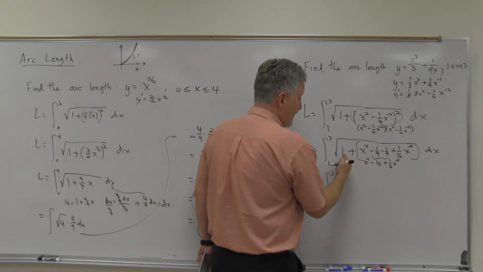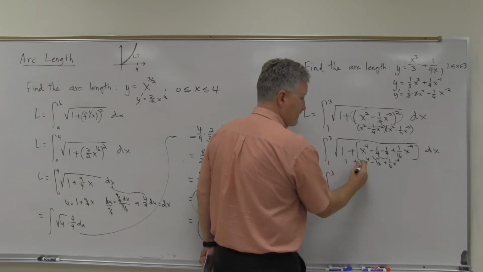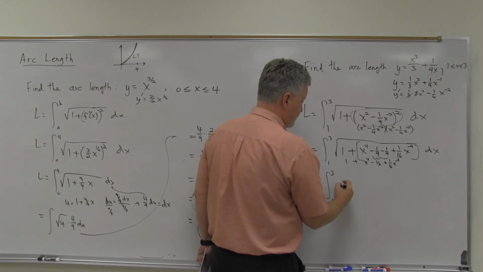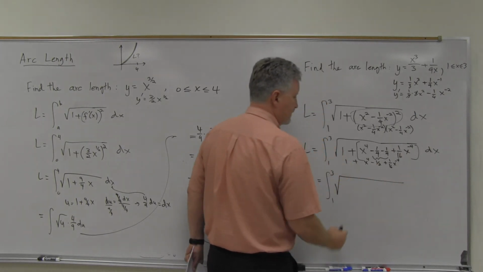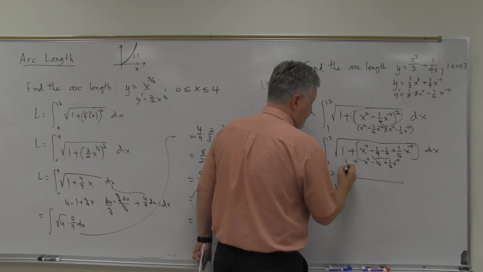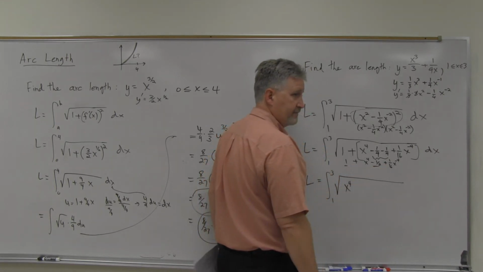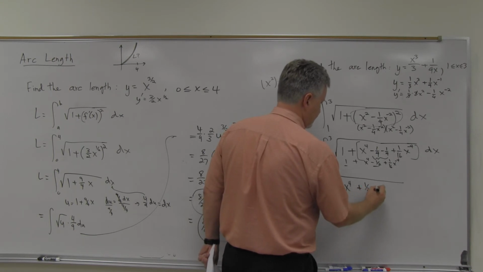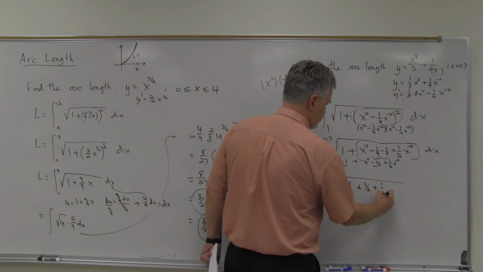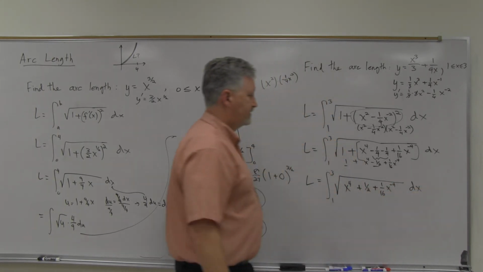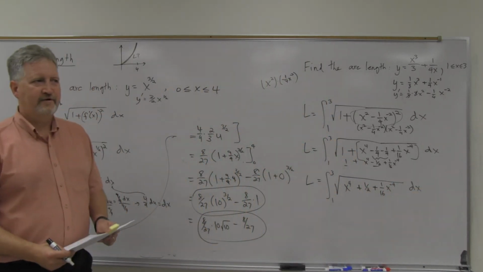Now, I do have 1 plus that though, right? So what I wind up with is the square root, and let's write it this way, of x to the 4th, then the 1 minus the 1/2 is positive a half, plus 1/16 x to the minus 4, which still looks rather ominous.